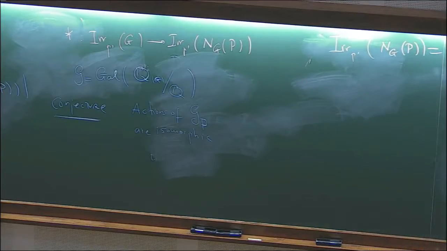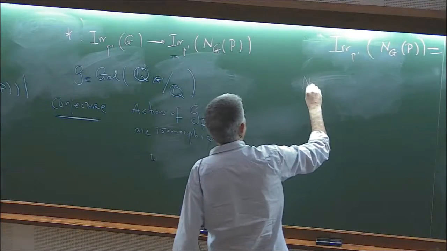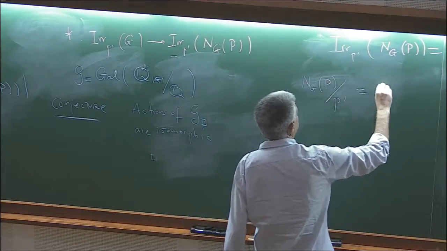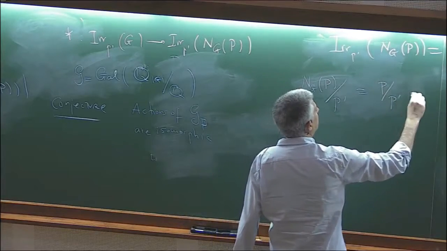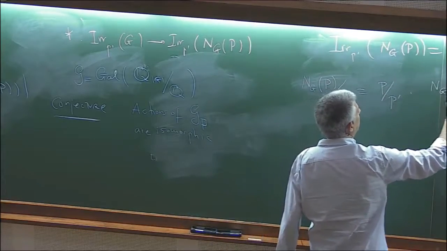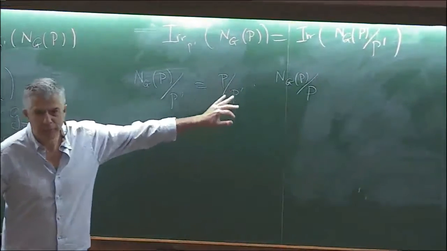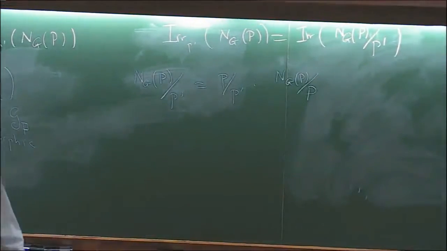So this group now is in the center of things. So this section of the group is important. And this is just P prime acted on by the normalizer of P mod P prime. So as you can see, this group shows up again, P mod P prime. This is why I think it's important.